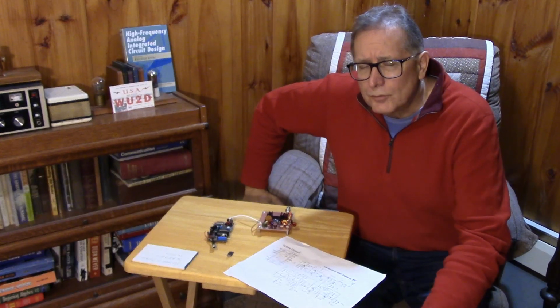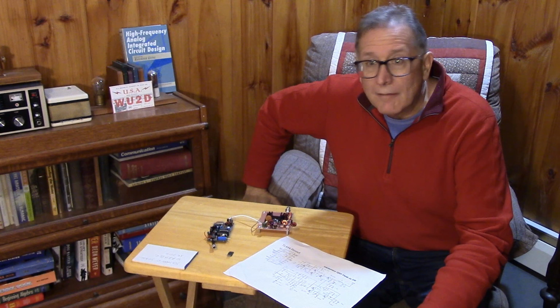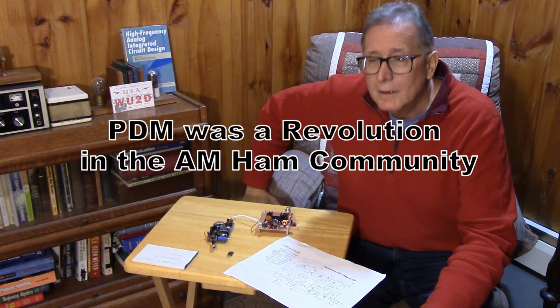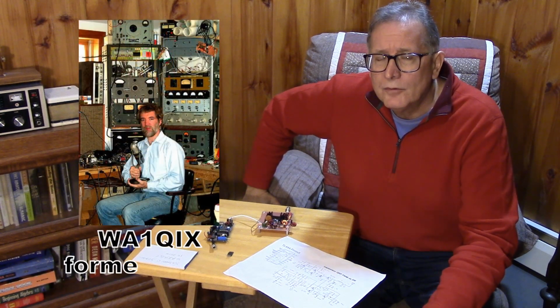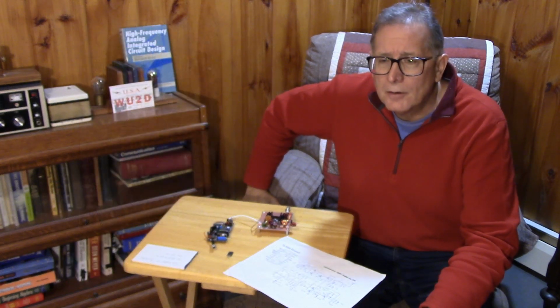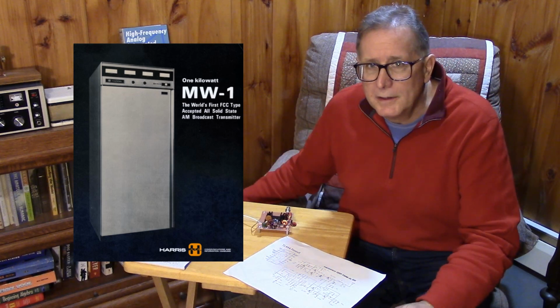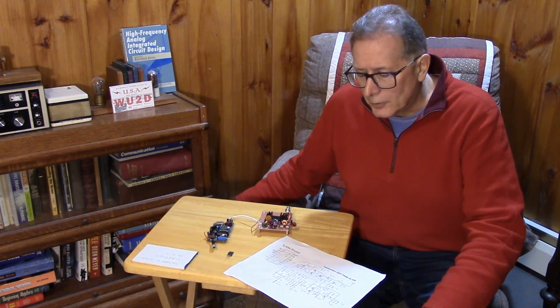Now, the 1990s were the infancy of the pulse duration modulation revolution, really, that took over in the AM community. People like WA1QIX were doing the initial work with tube-type circuits. Harris, of course, Harris broadcast transmitters had been in production for quite a while with PDM, but it was starting to work its way into ham circles.